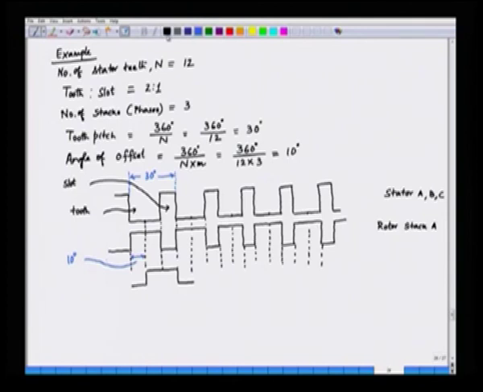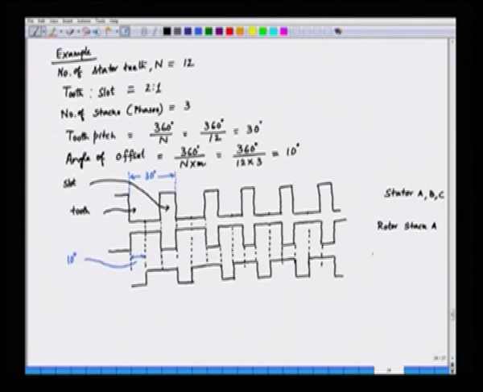We can complete drawing this stack B of the rotor. This is a slot and then a tooth, then a slot and a tooth here, slot and a tooth, and it continues like this.